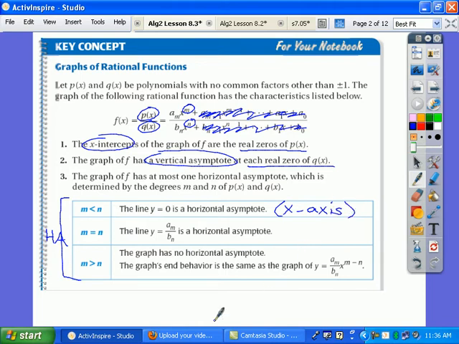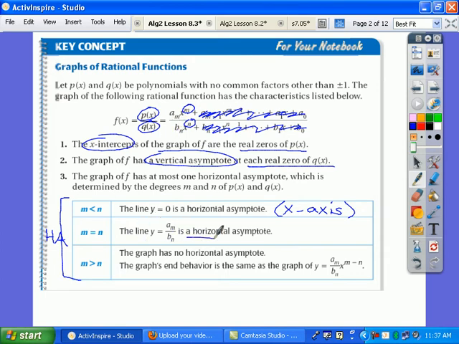If we have m equals n, this would be a case like we saw yesterday: linear divided by a linear, quadratic divided by a quadratic, cubic divided by a cubic. And what we do is look at the leading coefficients and divide those, a sub n over b sub n. That gives us our horizontal asymptote.